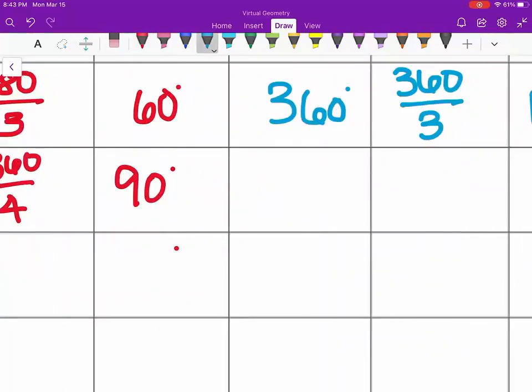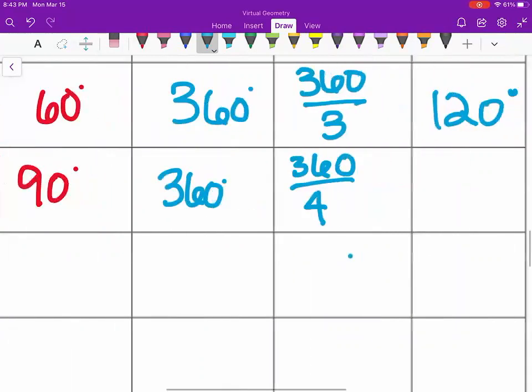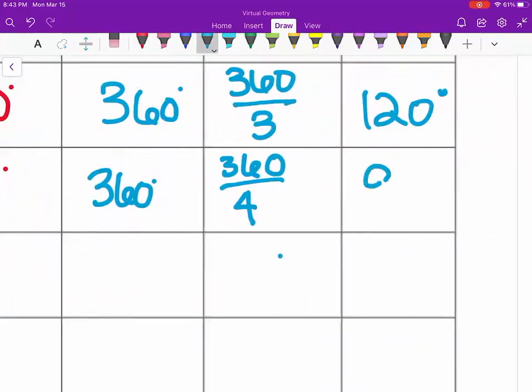Because it doesn't matter the size of the shape, the sum of the exterior angles is 360. To find one exterior angle, 360 divided by 4, which means I have 90. Let's keep going.